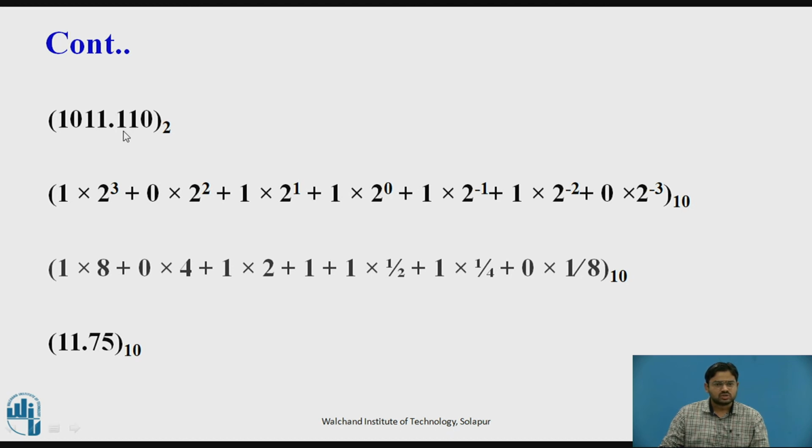On the fractional side we have 2 raised to -1, 2 raised to -2, 2 raised to -3. When you expand in such a way, you are actually converting this binary to the equivalent decimal. After calculating these terms, you will find that the equivalent decimal for this binary number is 11.75.